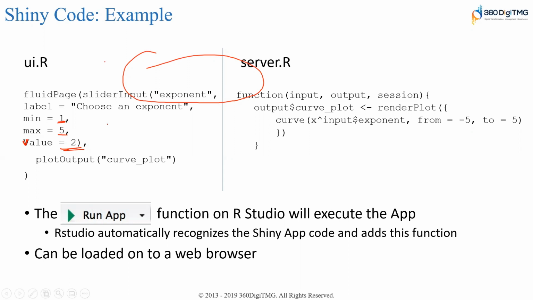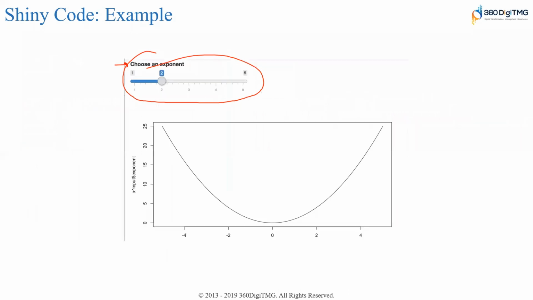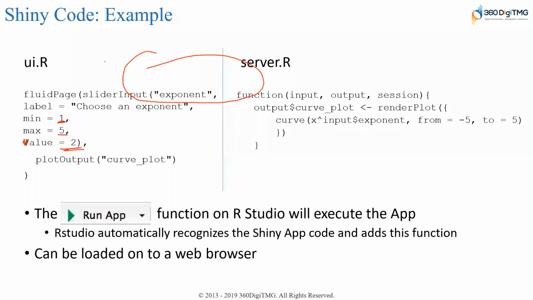R is case sensitive, remember. So though the range is from 1 to 5, what is the default value that this slider should have when you are executing the code to begin with? Once this is executed, you can give the user an option to change it. So that is the default value which is shown.